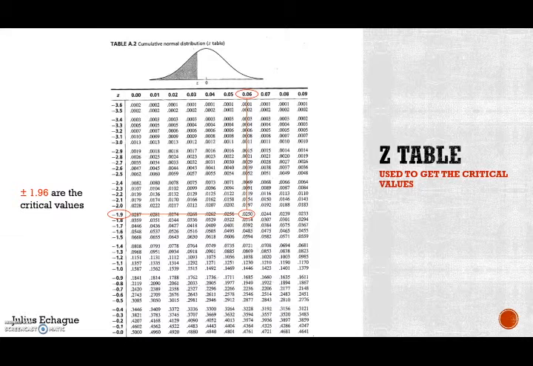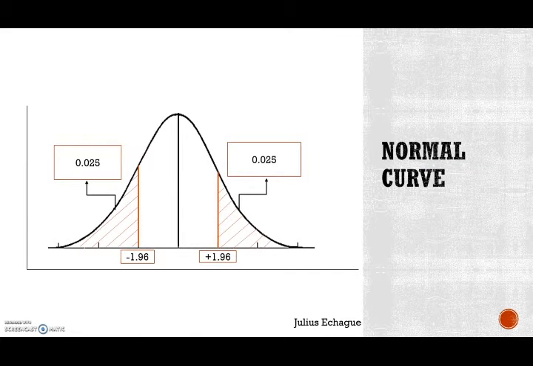We found out that the critical value is negative 1.96. And since it is a two-tailed test, both critical values should be found on both sides. So it will now be positive and negative 1.96. The graph now should look like this.